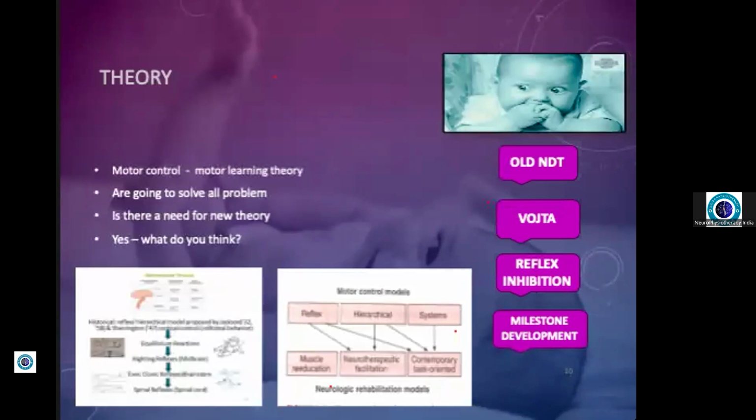That's why we see synergies. And when I go away from that synergy, I do something opposite to that synergy. I'm actually using reflex inhibition, which is based on the reflex hierarchical theory. So where am I? Am I in muscle re-education, or am I in yesterday, or am I moving towards today and tomorrow? Okay, next slide.